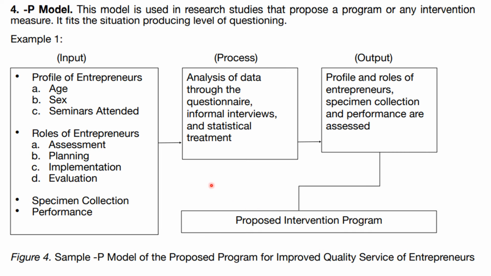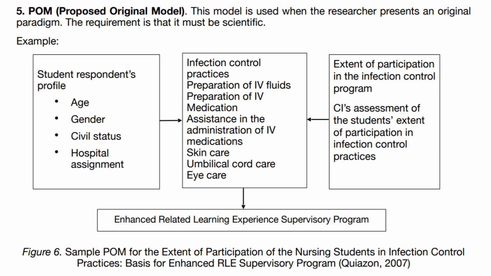If you are proposing a program to be done in order to improve the quality service of entrepreneurs, you can use this kind of model. And also, if you really have your own original model, you can also use this. These are examples of paradigm illustration, also called illustrations or images that will present your concept.